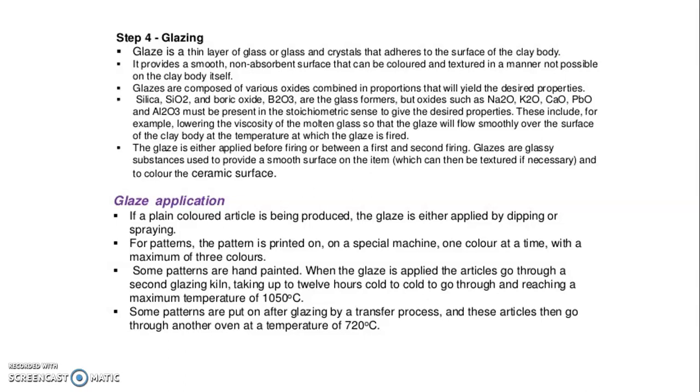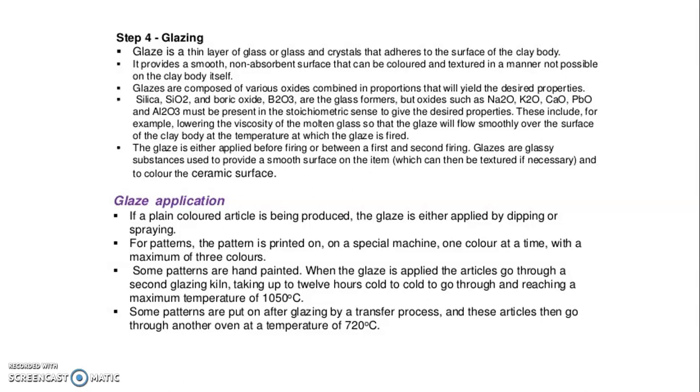Glazing is a thin layer of glass or glass and crystal that adheres to the surface of the clay body. It provides a smooth and non-absorbent surface that can be colored and textured in a manner not possible on the clay body itself. Glazes are composed of various oxides combined in proportions that will yield the desired properties.